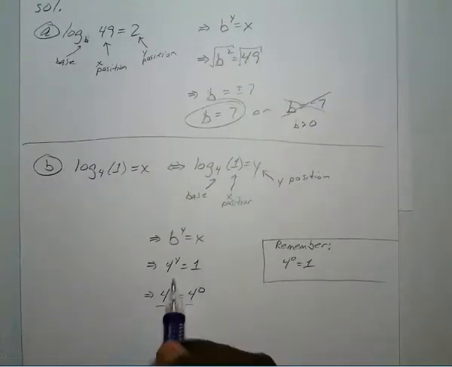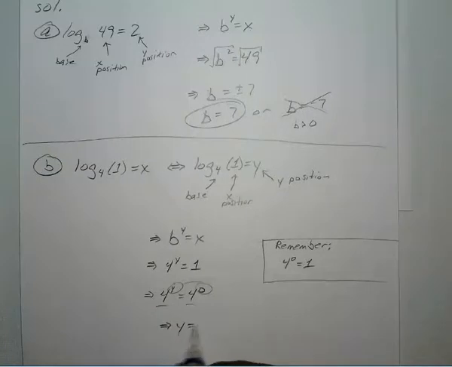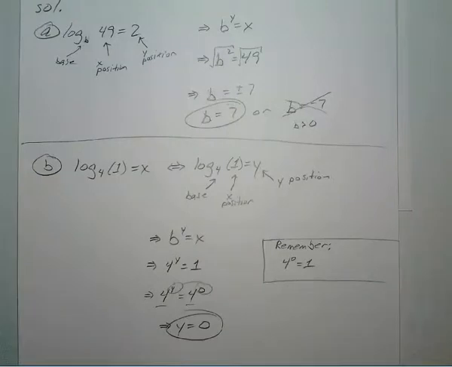So as long as our bases match, these two have to be equal for this to be true. So we see here that y is equal to 0. Alright, so just a little bit of remembering all of those old properties of exponents and everything else.